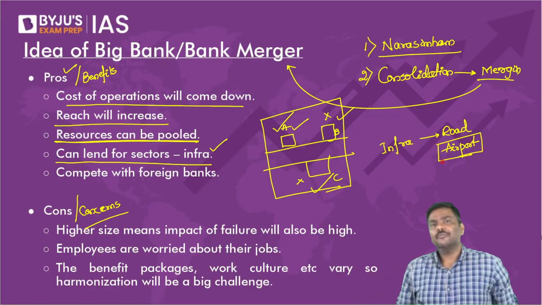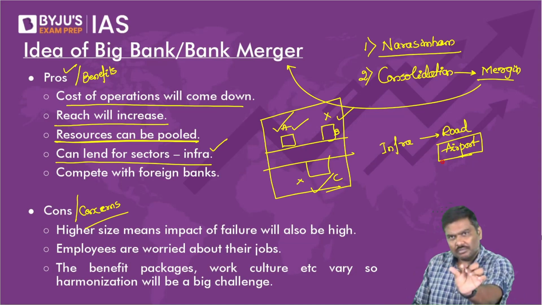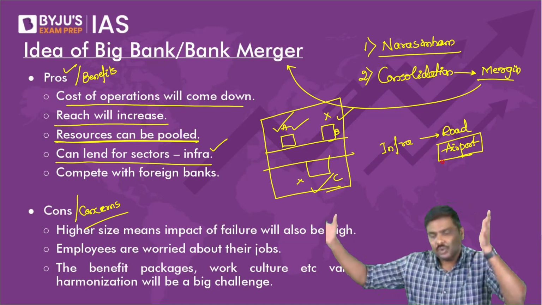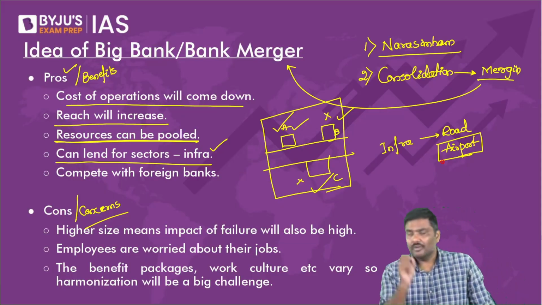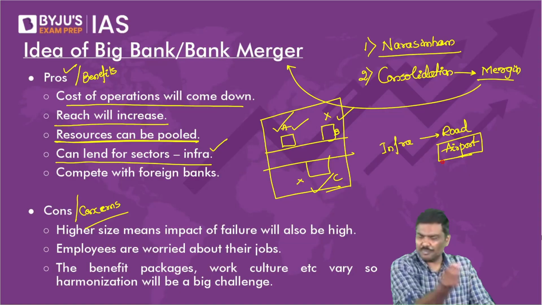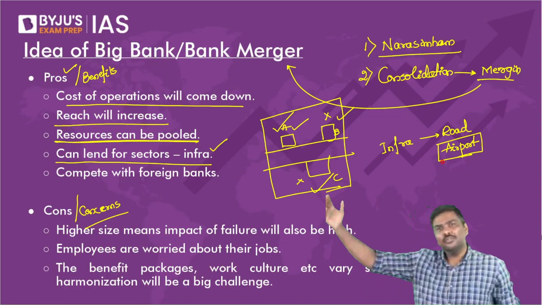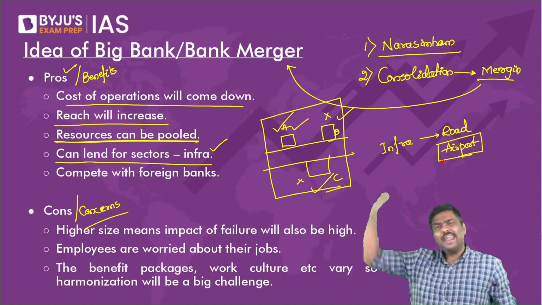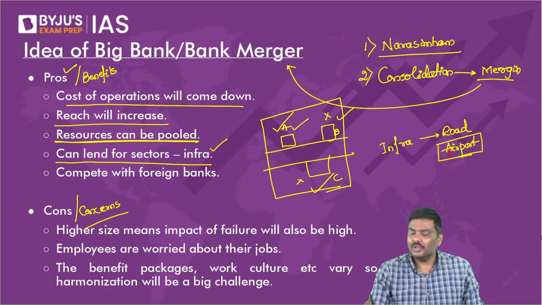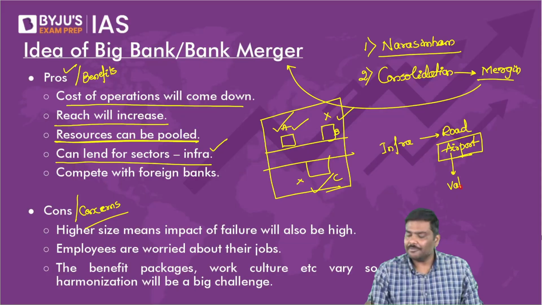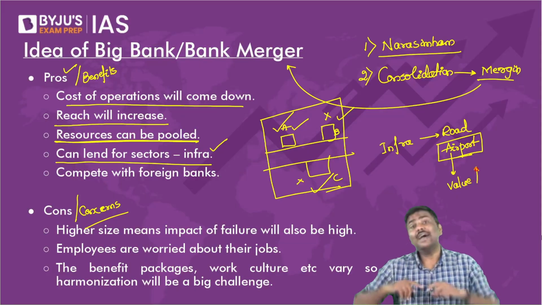You want to construct an airport. Tell me, will you borrow a small amount of loan, or will you borrow a huge value of loan? For question number 1, will you borrow, let's say 1 crore rupee, 2 crore rupee, or will you borrow 5,000 crore rupee, 8,000 crore rupee, 10,000 crore rupee? Can I say value of the loan will be very high?